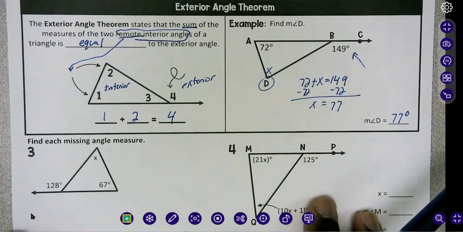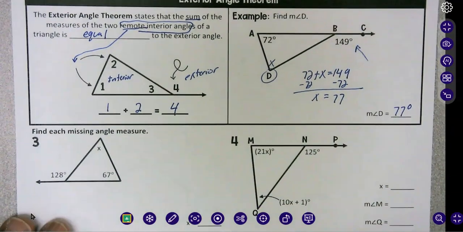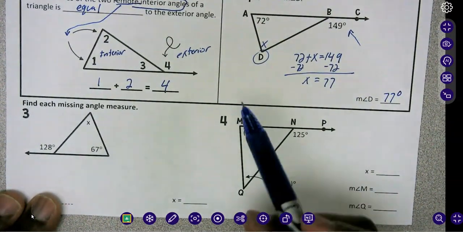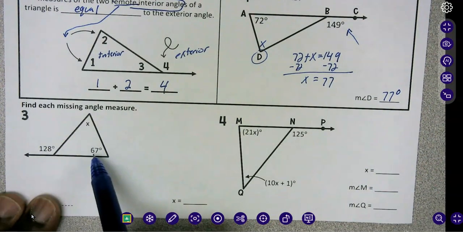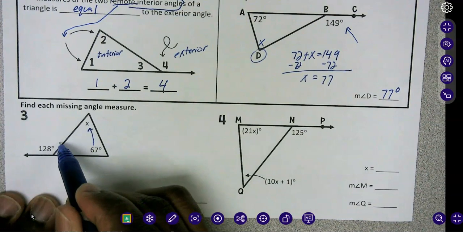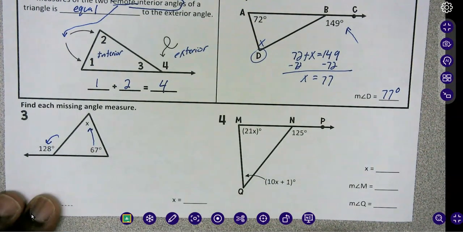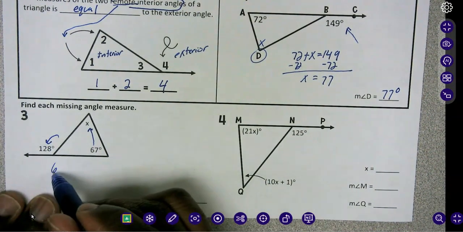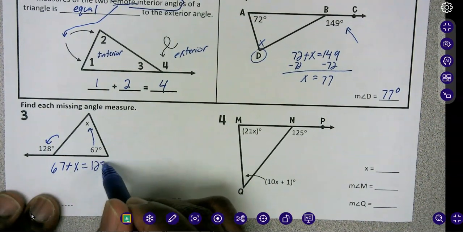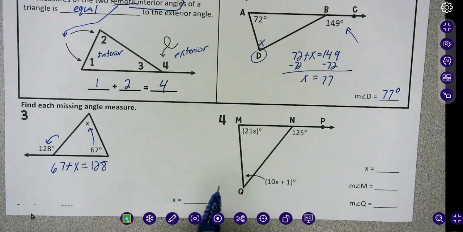All right? So let's look at this example 3 right here. Find the missing angle measure. And so when I look at this, I should know that 67 plus this angle should equal 128. So I just wrote down what I just said.